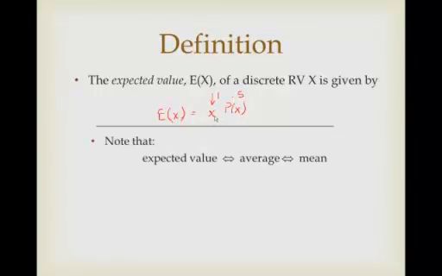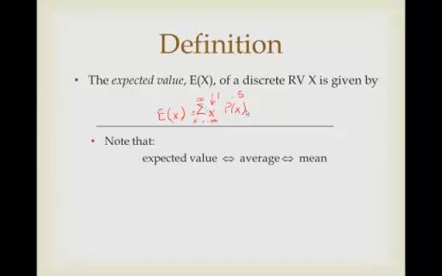We can say that it's going to be the particular value that we throw times the probability of us throwing that, and sum that all up over all of the different values that we can throw.